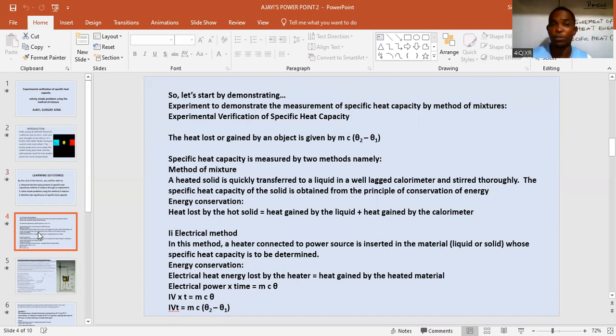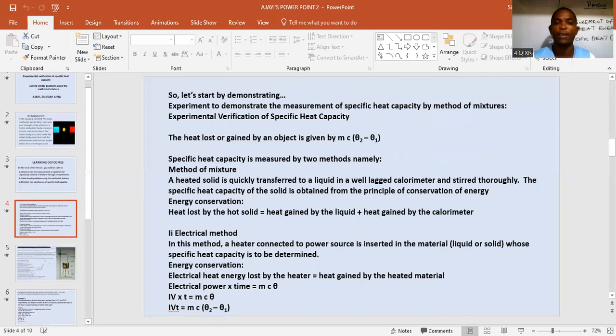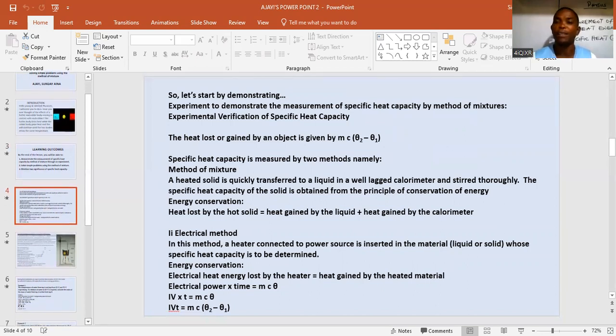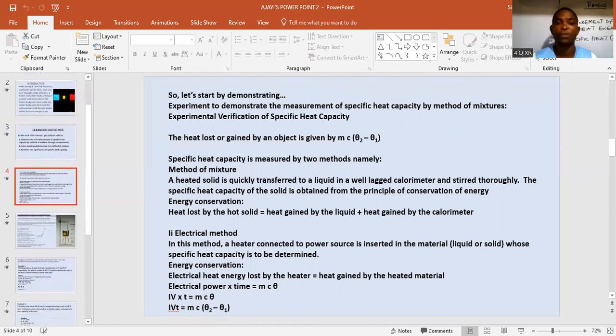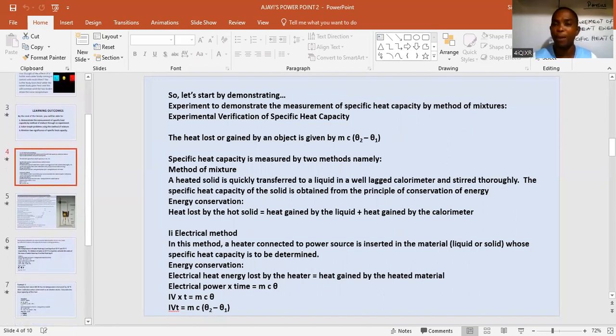Now, we need to note that the heat lost by an object is given by mc change in theta. Specific heat capacity is measured using two different methods, namely method of mixture is the first one.